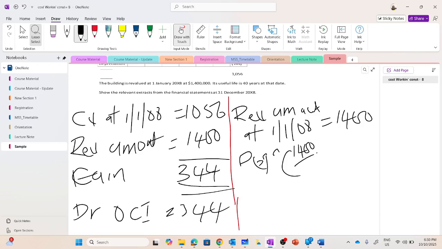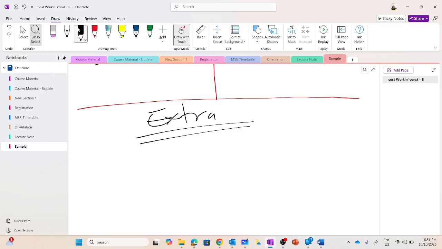Now if we are going to prepare an extract, we are going to show the income statement extract. We are going to show expenses, which will be the depreciation equals 35.